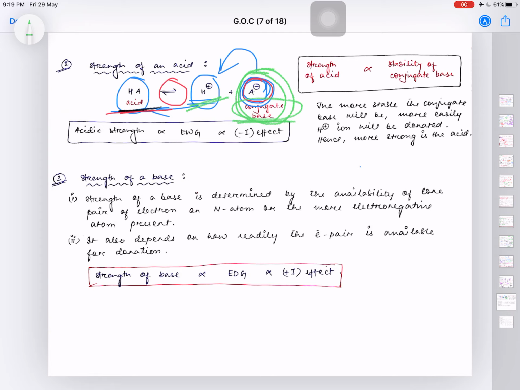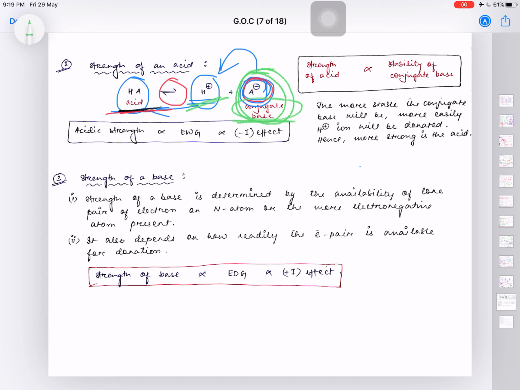So an acid will be more acidic only if the conjugate base is more stable. If the resulting compound is not stable, then why would it give the H plus ion? Try to understand the point.